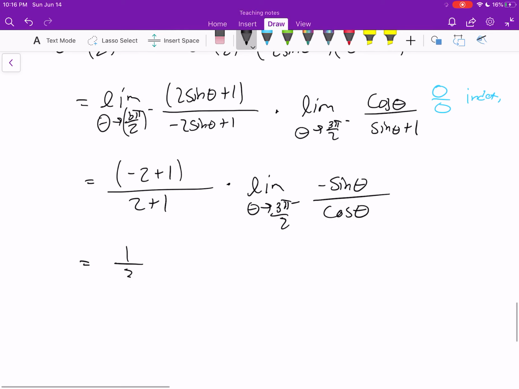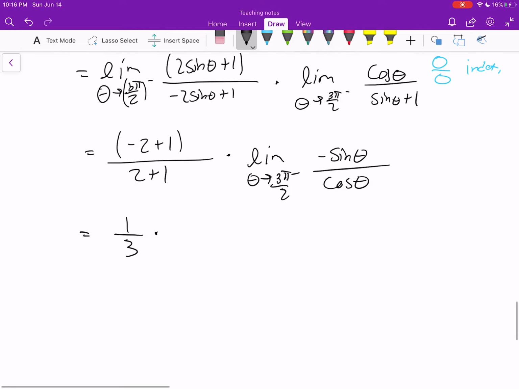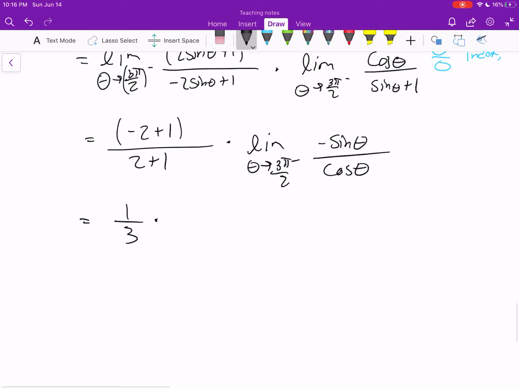It's going to be 1 over 3 times the limit as theta goes to 3 pi over 2 from the left. As we do that, sine theta will be going to negative 1, and cosine theta will still be going to 0.